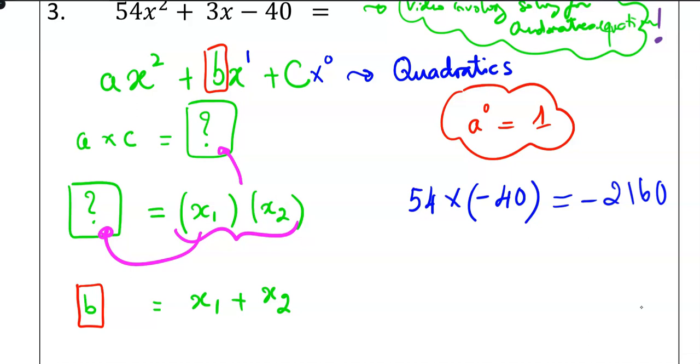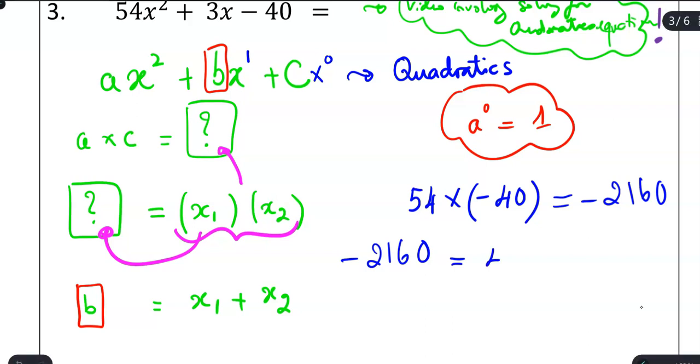Yeah, negative 2,160. So now I need to find two numbers that multiply to give me this negative 2,160. The two numbers that I found are 48 and negative 45.